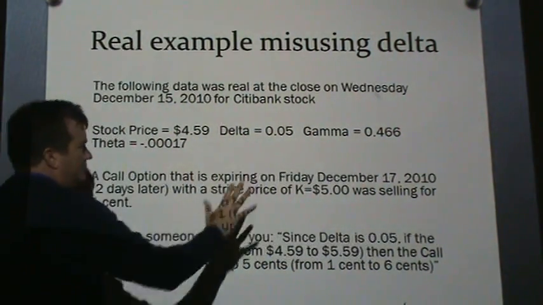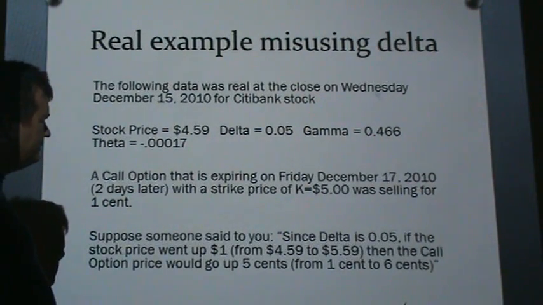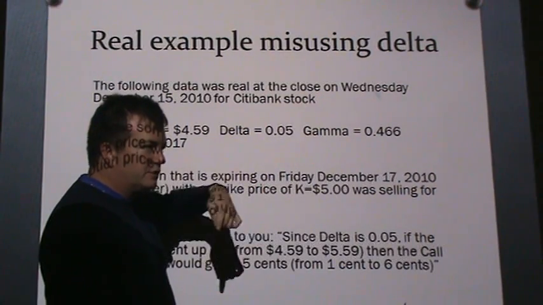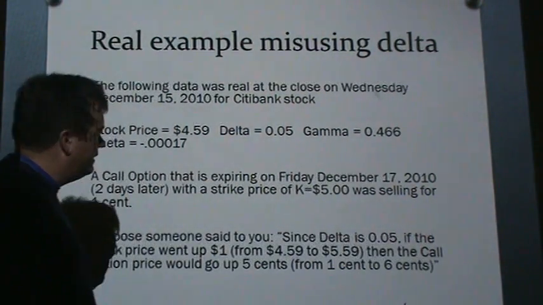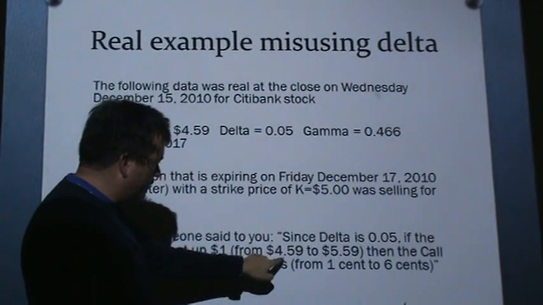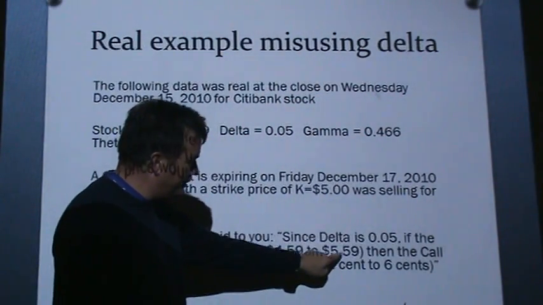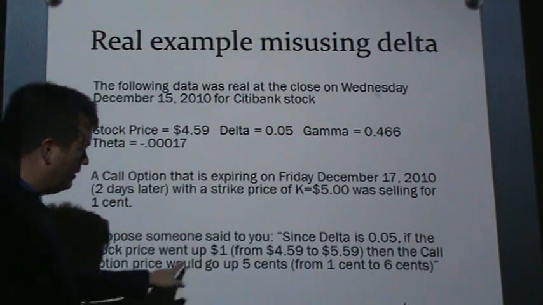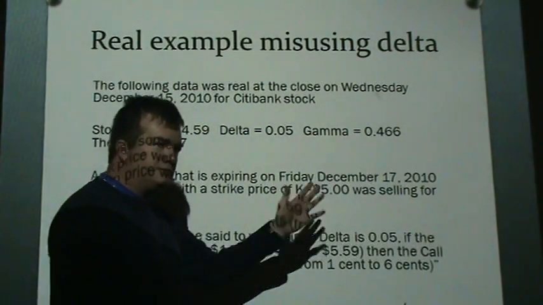That's exactly what delta means. So he said, well, if that's true, then wouldn't it mean that if the stock went from $4.59 to $5.59, the call price would go from 1 cent up to 6 cents?